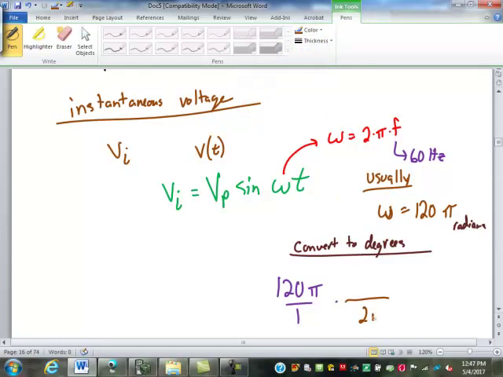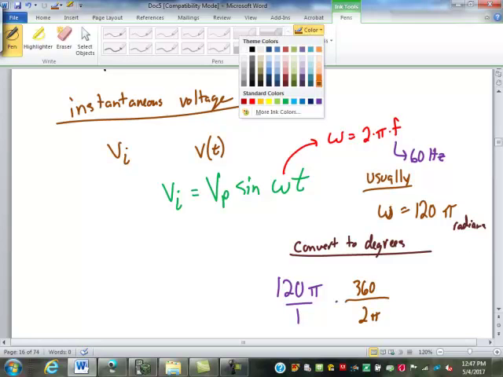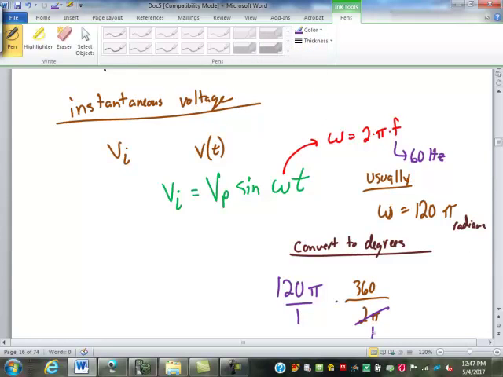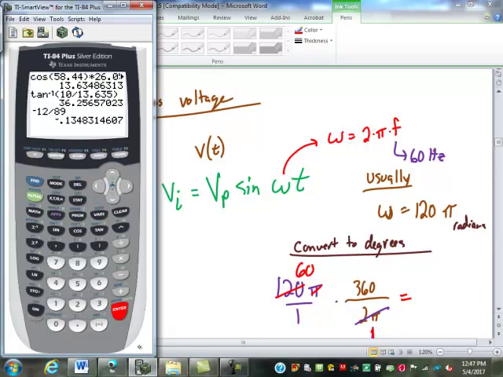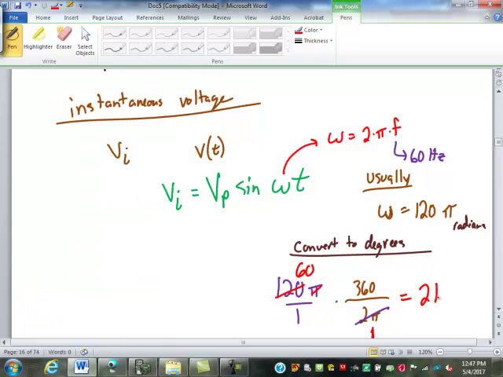We're going to multiply by 360 over 2 pi. So the 2 pi cancels out with the pi, and divided by 2 leaves us with 60. So 60 times 360 is 21,600. That would be degrees per second. So you can see why we typically stick with radians.